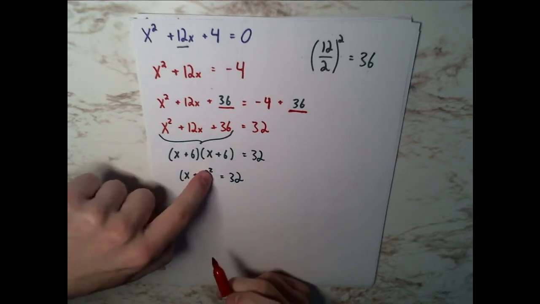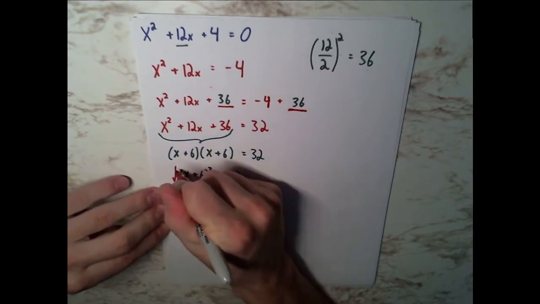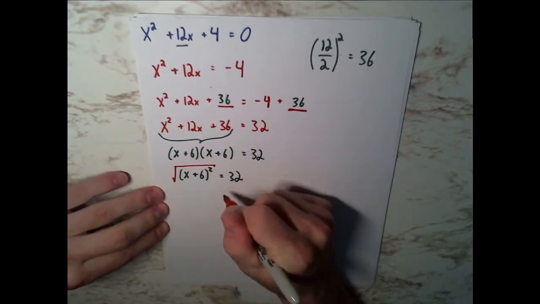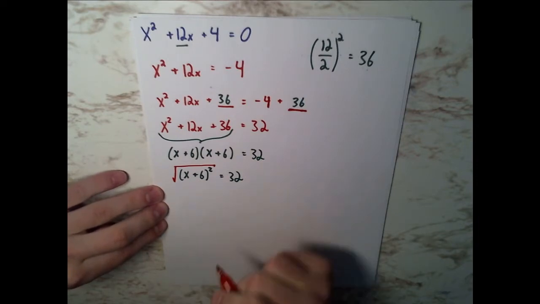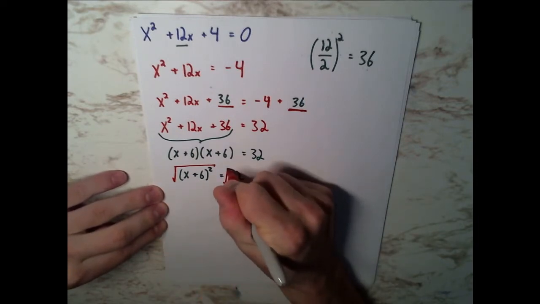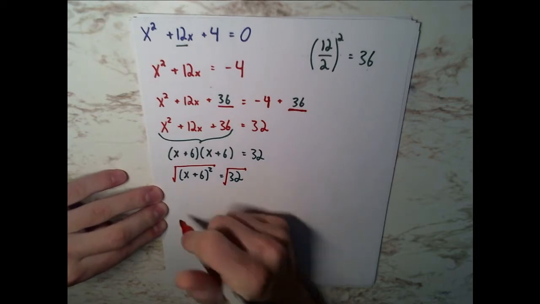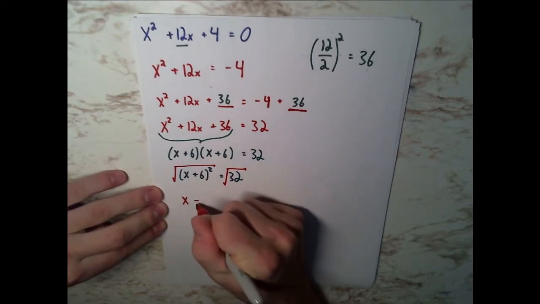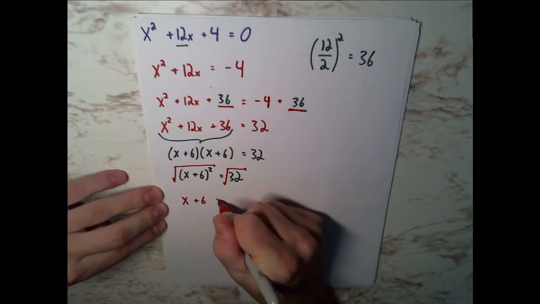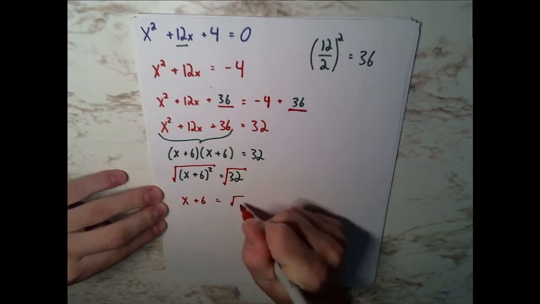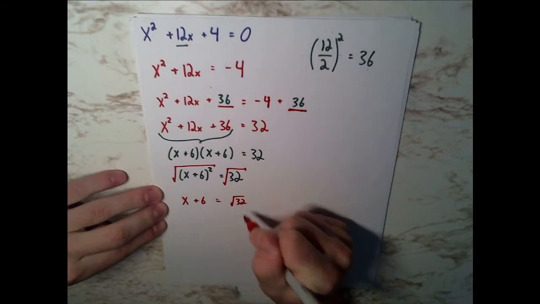To cancel out this square, I'm going to take the square root of this term, and what I do on this side I also must do on this side, so I'm going to take the square root there as well. So what we're left with is x plus 6 equals the square root of 32.